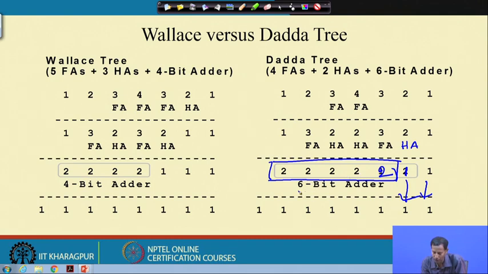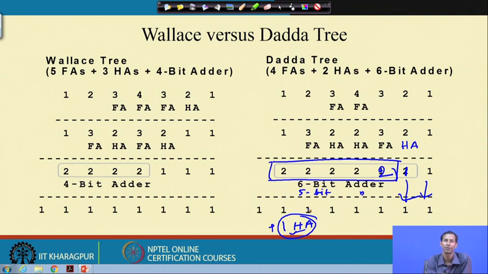At that time, what do I require? I will require a 5-bit adder for doing this, but at what cost? I have increased the hardware by one half adder. That means I am putting one extra hardware, a half adder, but I can reduce the adder tree from 6-bit to 5-bit. Okay, that I can also do.